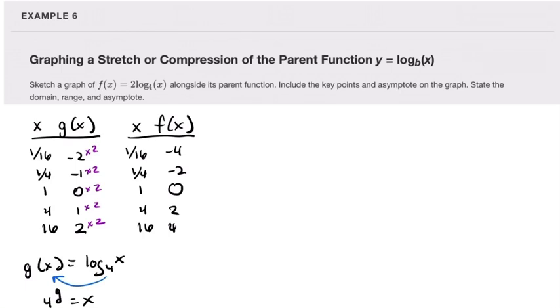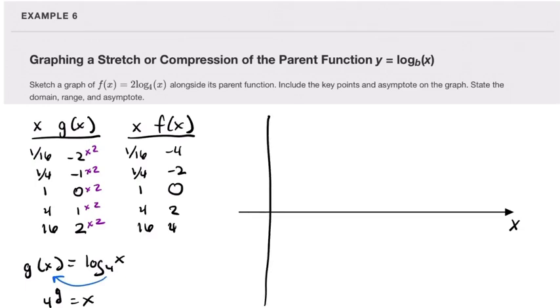Let's keep going. So the y values go up to 4, x's go up to 16. So this is my positive x in this direction. Here's my positive y in this direction. My x's, I kind of want to go out to 20. Y, we just need to get to about 4.